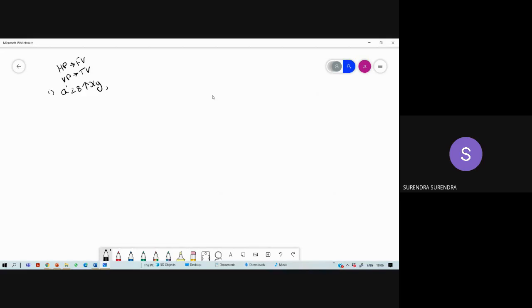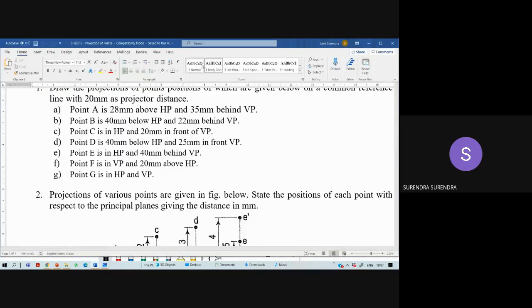So behind VP means it is also above XY line. A is 35 mm above XY line.